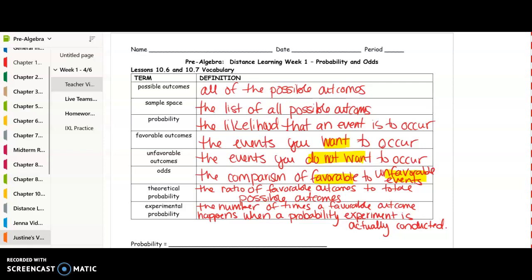Some of you might get 3 heads and 7 tails, or 6 heads and 4 tails. If you have extra time, you can try flipping a coin 10 times and seeing what your experimental probability is that you get all heads. Those are the definitions that we have here.